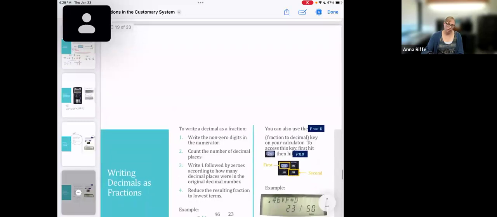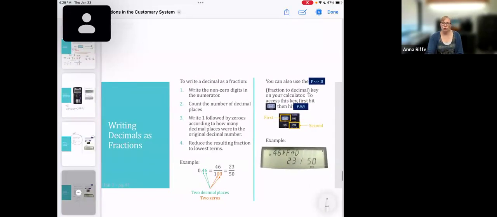We want to be able to go backwards as well. So we talked about the calculator key. If you have that specific calculator or other similar that has the fraction to decimal key, then you can take a decimal and rewrite it as a fraction. If you don't have that, then I want to at least briefly talk about how to change decimals to fractions.